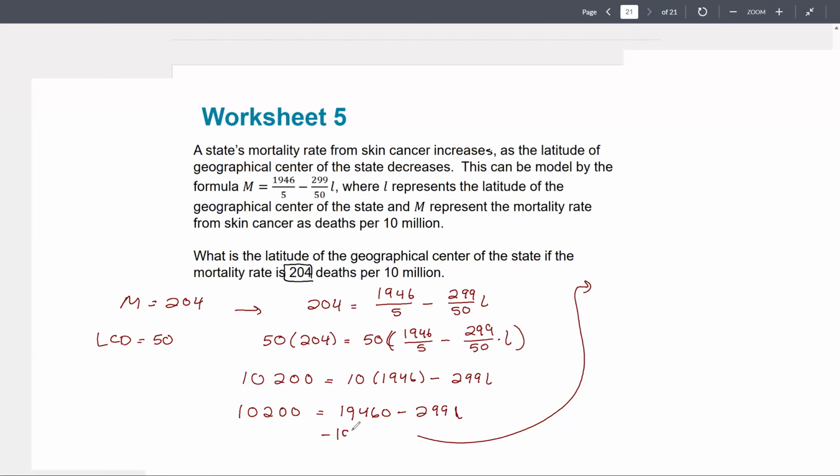So we'll subtract the 19,460 from both sides.